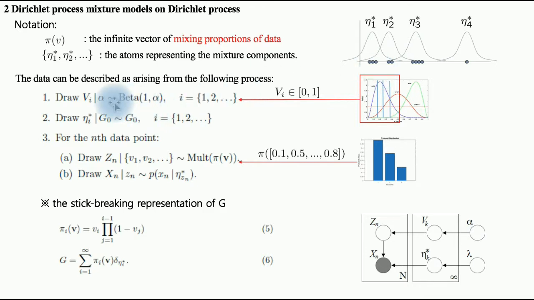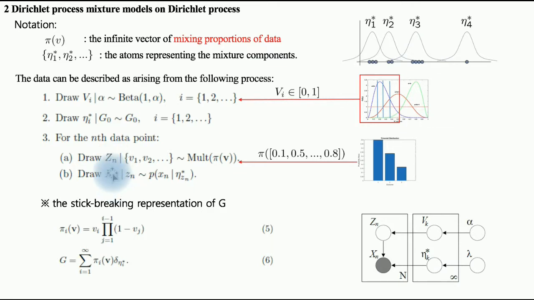First, we draw independent random values Vi and eta i from the beta distribution and the G0 distribution respectively. The assigned value of a mixture component Zn is drawn, and the new data sample Xn is drawn depending on Zn and eta n r star, where the assigned value Zn is associated with the data point Xn.